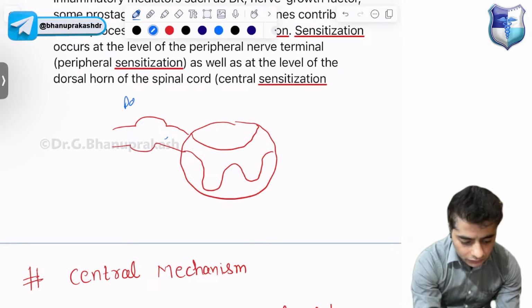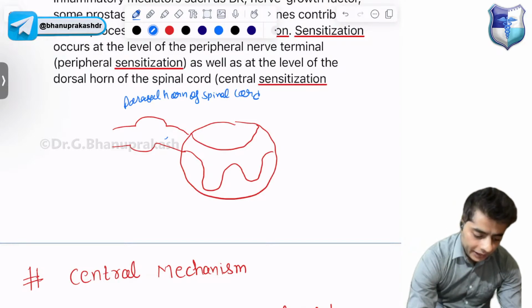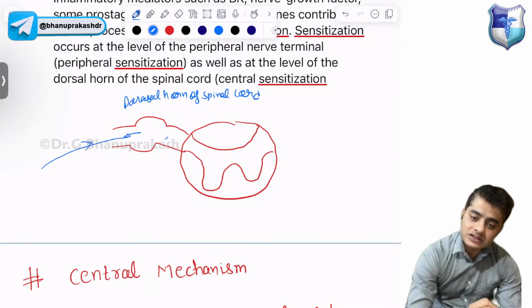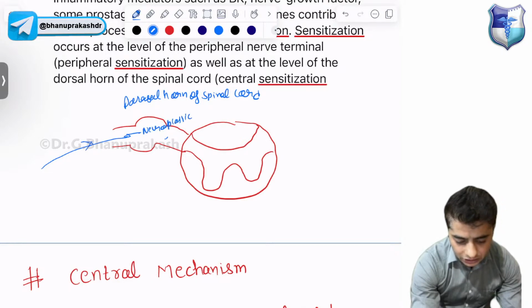This is our dorsal horn of spinal cord. Now, from the peripheral nerve, stimulus is coming to the dorsal horn of spinal cord. Now, here some neuroplastic changes happen.